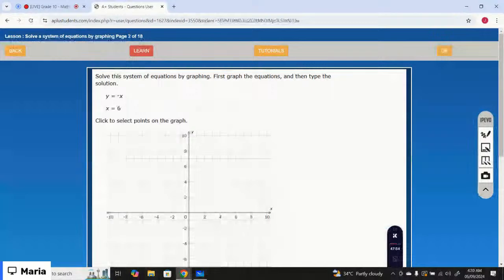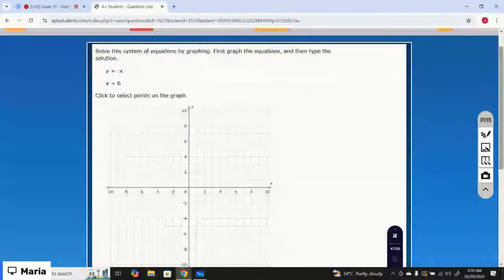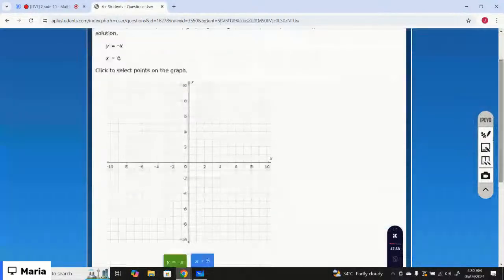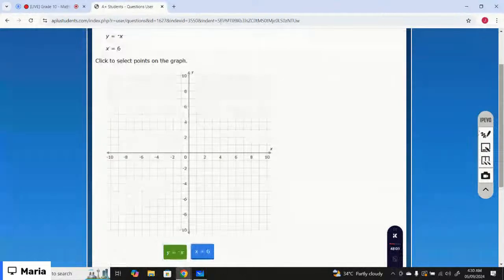The next one is y equals -x and x equals 6.